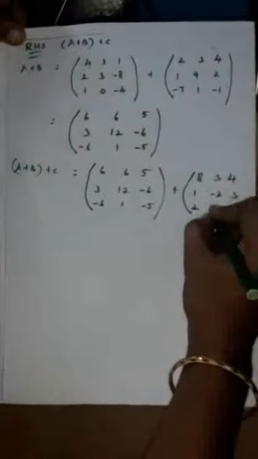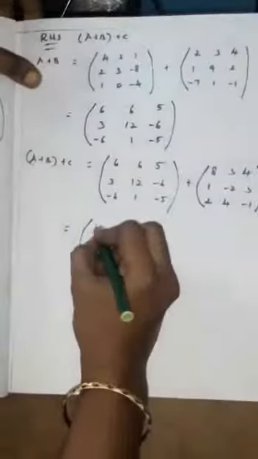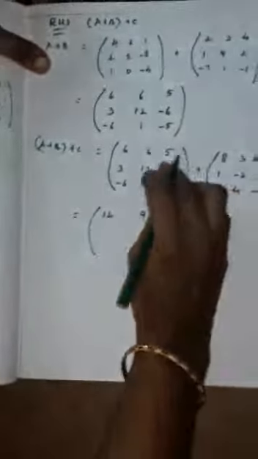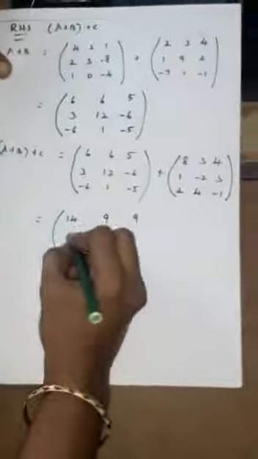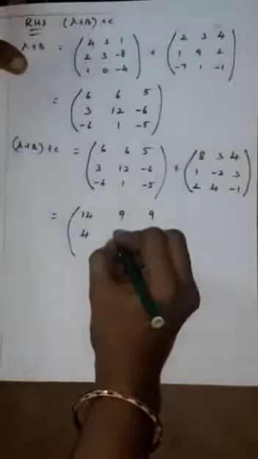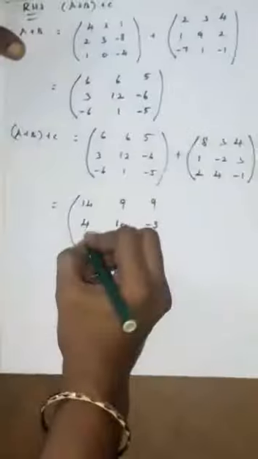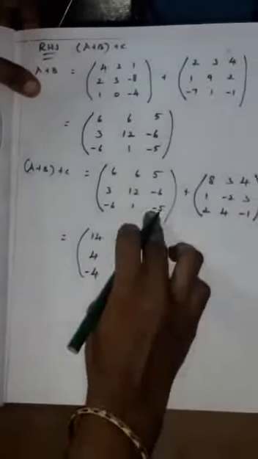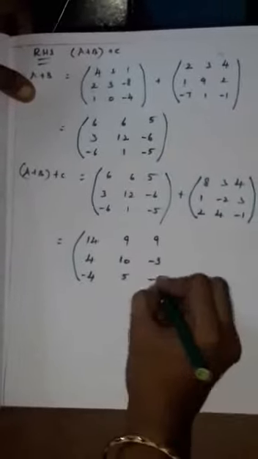And then third row 2, 4, -1. So directly add the terms: 6 plus 8, 14. 6 plus 3, 9. 5 plus 4, 9. Then second row, 3 plus 1, 4. 12 minus 2 is 10. Minus 6 plus 3 is minus 3. Minus 6 plus 2 is minus 4. 1 plus 4 is 5. Minus 5 minus 1 equals minus 6.